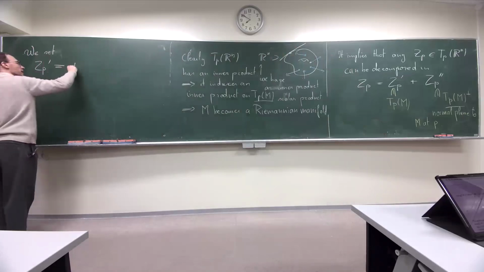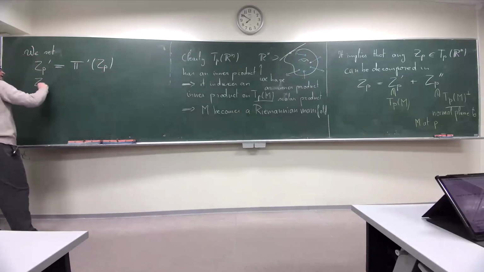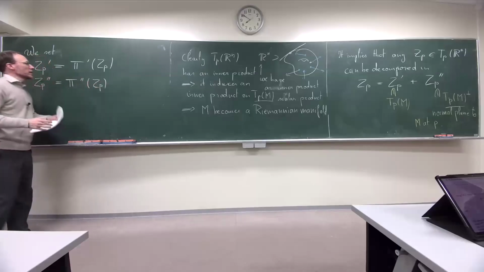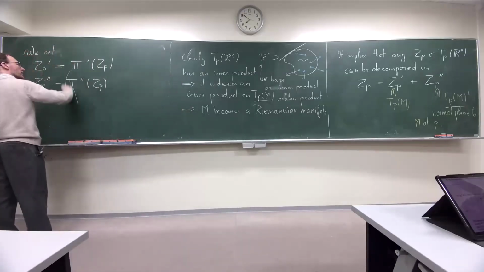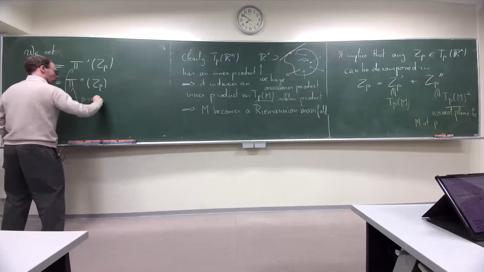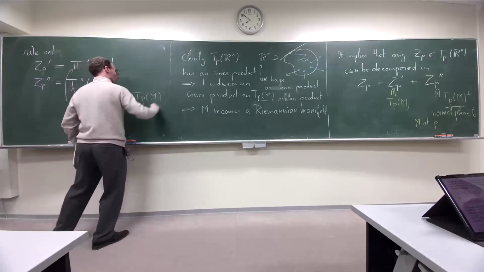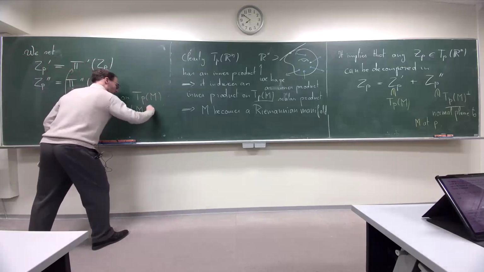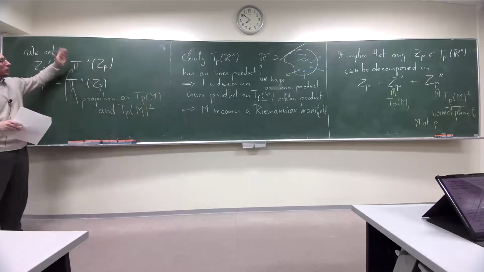I'm going to say that this is, okay, I just defined something. And Z_p second prime is. What are these two, pi prime and pi second prime? These are just projections on T_p of M and T_p of M orthogonal. I will need this later. So I'm just saying this decomposition is obtained by a projection.